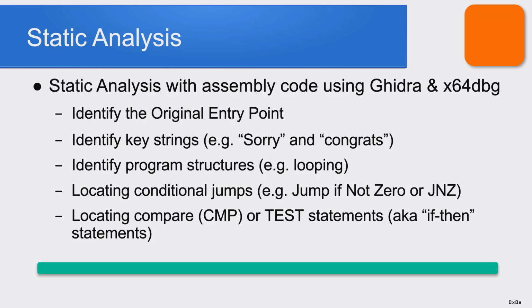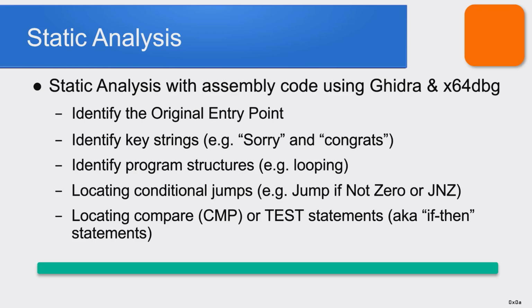Then you have identifying key program structures, like looping. It's looping, so what exactly is it doing? And I'm going to show you a program with looping in it. Then you're locating conditional jumps, because if a jump is taken, what is it doing when it does that jump? Where is it jumping to? Is it exiting the program? I don't want it to do that, maybe.